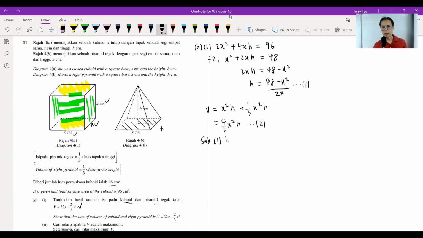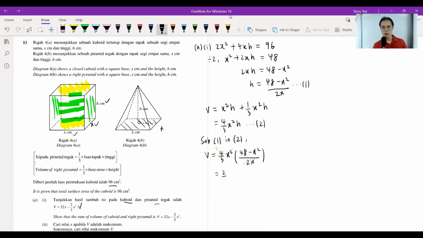Let us substitute, or gantikan, 1 inside 2. Your volume is 4 over 3 x squared times h, which is 48 minus x squared over 2x. Can we cancel them? Cut, cut. What else can we cancel? You can cancel 4 and 2, so you're left with 2 over 3.